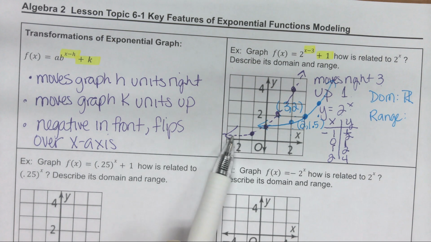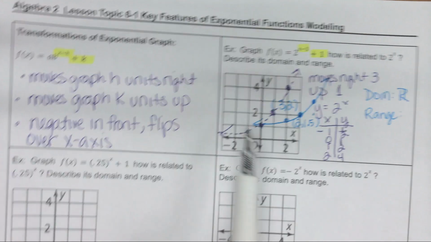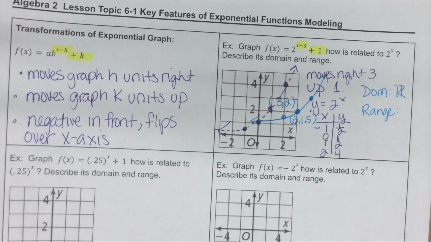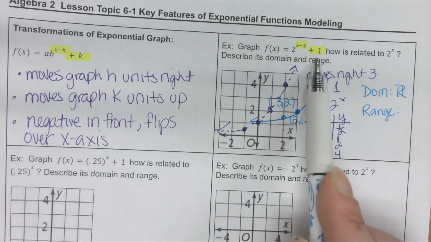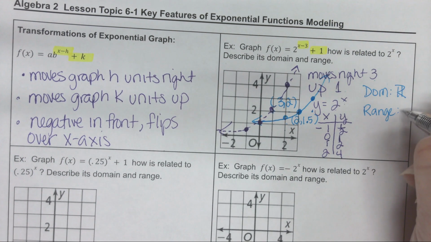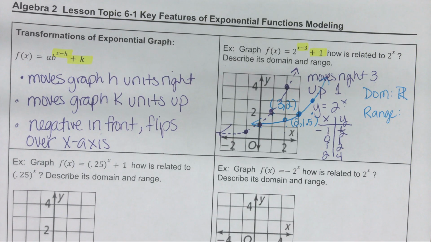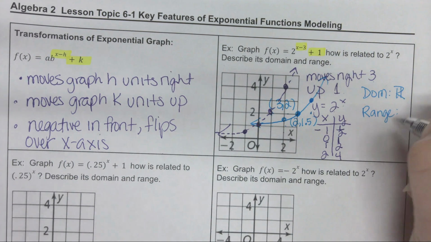The range of the purple graph is 0 to infinity, but now I moved it right. That doesn't change anything about the range. But +1 does. Instead of 0 to infinity, what would the range of this be? It doesn't go below 1. So this would be 1 to infinity.